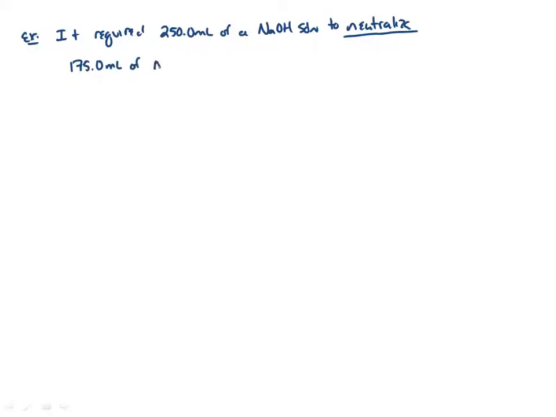Okay, so it required 250.0 milliliters of a sodium hydroxide solution to neutralize. That's a word that, if you see it in a problem, 99.99% of the time you're doing a titration. 175.0 milliliters of an unknown concentration of HCl.